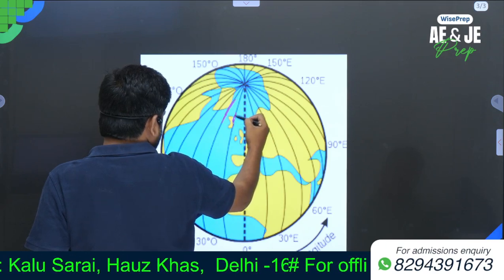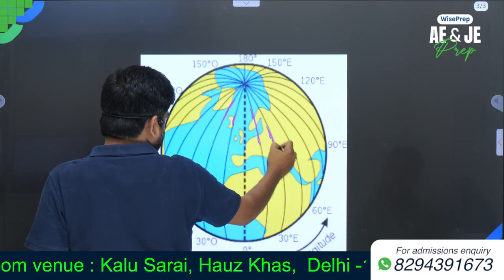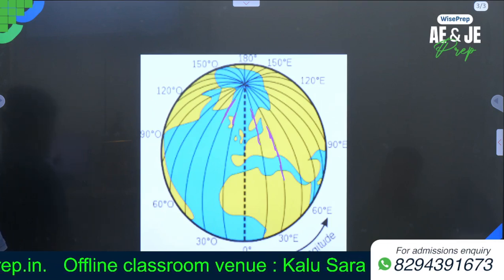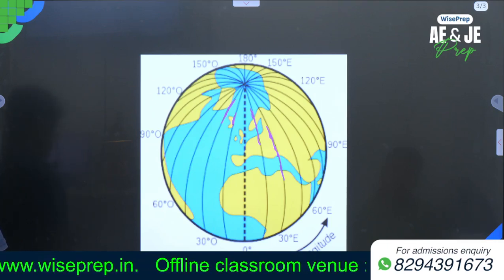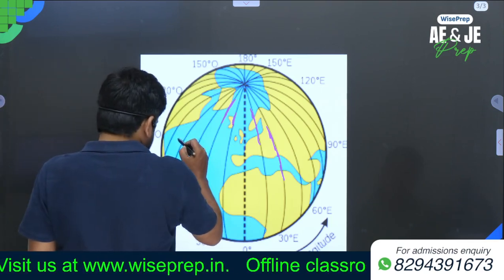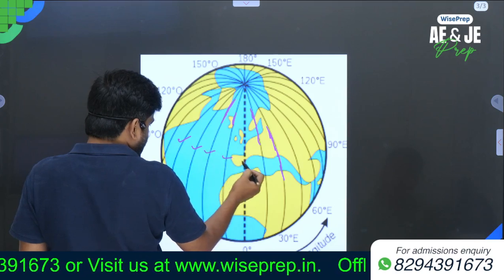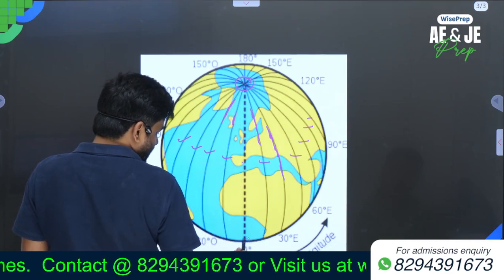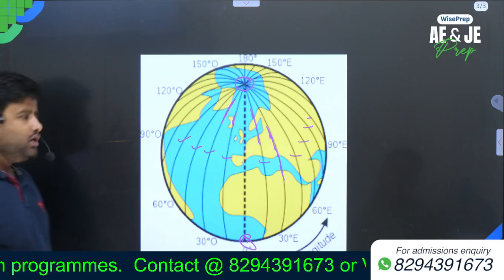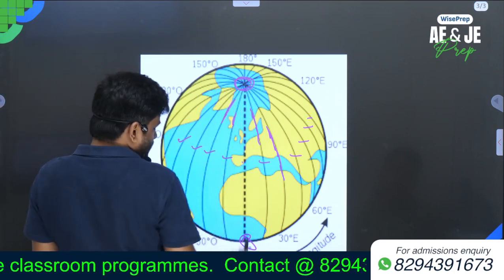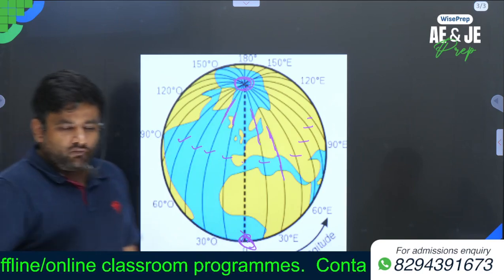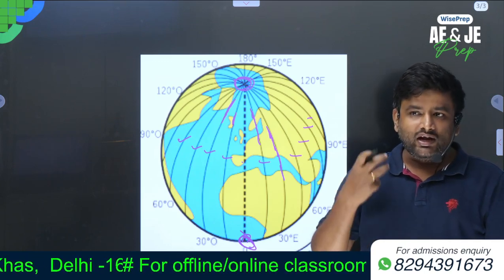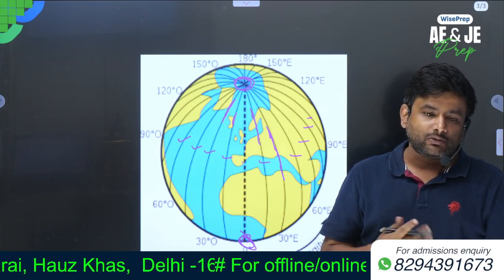This is a fixed reference line passing through two different fixed points. All pass through this point and also this one. So this is known as geographical north, and this is known as geographical south. Whenever different lines pass through the geographical north and geographical south, we get the meridian that is known as the true meridian.